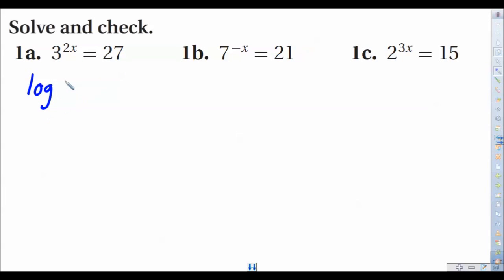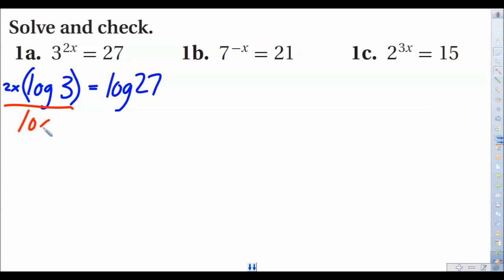We're going to do the log of 3 raised to 2x equals the log of 27. What does the power property tell us? The power property tells us now this 2x can go right out there in front. And so then once we have that, now we can divide both sides by the log of 3.